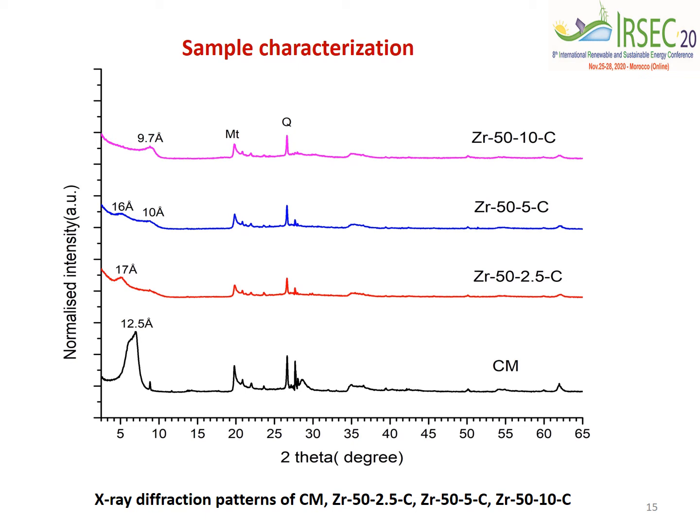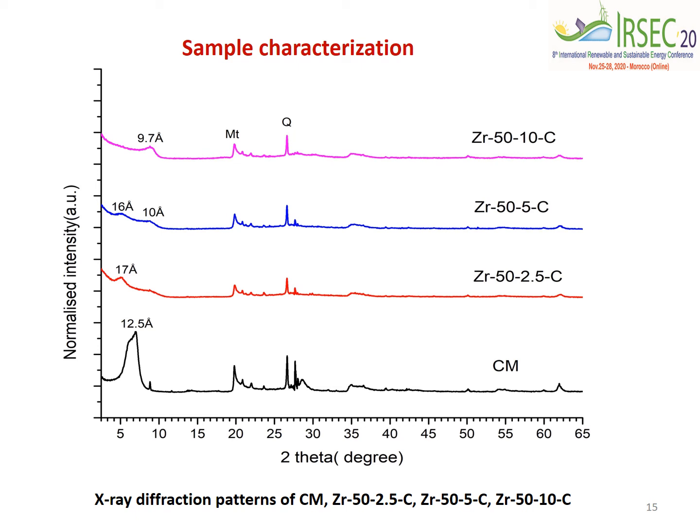This is the basal spacing, and in 2.5C this basal spacing increased to 17 angstrom, which tells us that somewhat pillaring was done, but the intensity of these peaks in all the modified samples is very weak, so we can say that these samples are not good enough for adsorption tests.